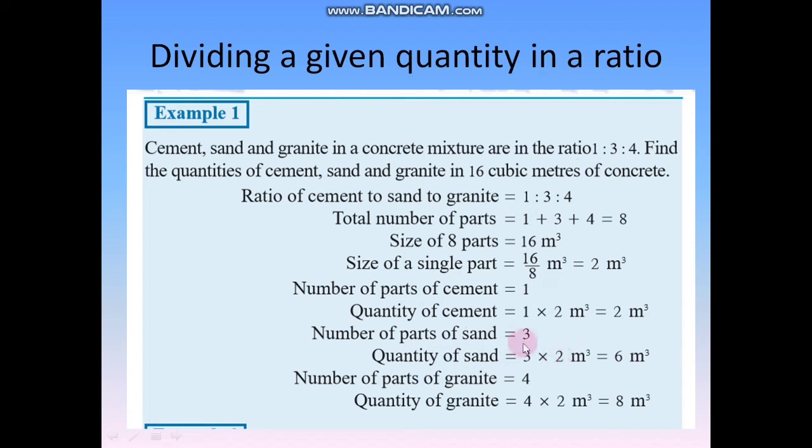We multiply this by 2 cubic meters. Then the quantity of sand in 16 cubic meters of concrete is 6 cubic meters. Then parts of granite is 4. We multiply by 2 cubic meters. Then we get the answer as 8 cubic meters.